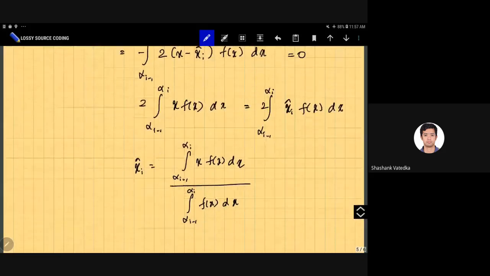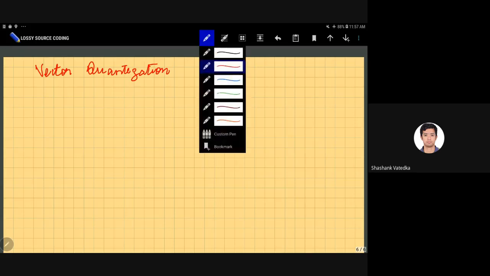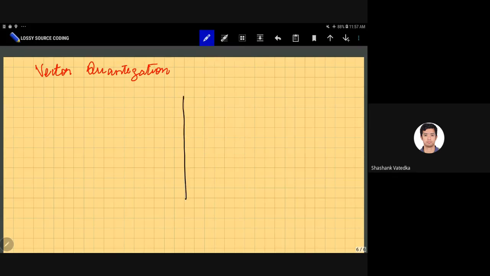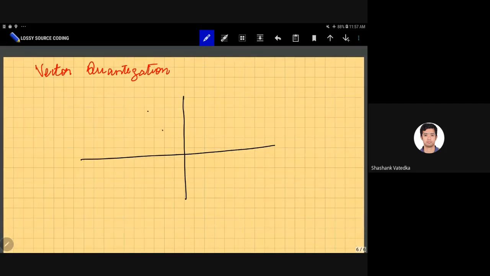All right, and the geometric idea behind vector quantization is basically the same thing. So you're given a vector in R^n, let's say R^2. So maybe X is Gaussian distributed over R^2. And now the goal is to choose a set of reconstruction points, a bunch of points in R^2, and these decision regions.